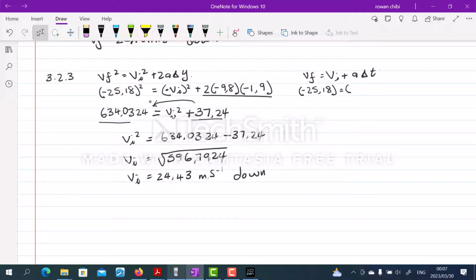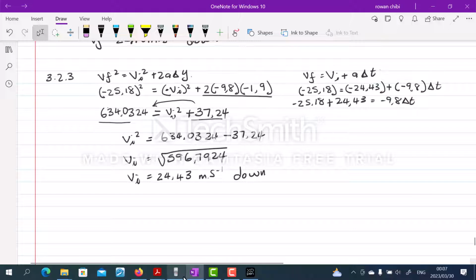The initial velocity is the one we just calculated, negative 24,43. Then g is always 9,8 times delta t. So we take this one to the other side. It's negative 25,18 plus 24,43 equals 9,8 delta t.